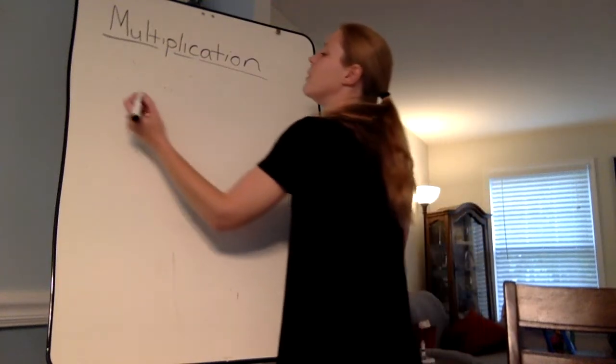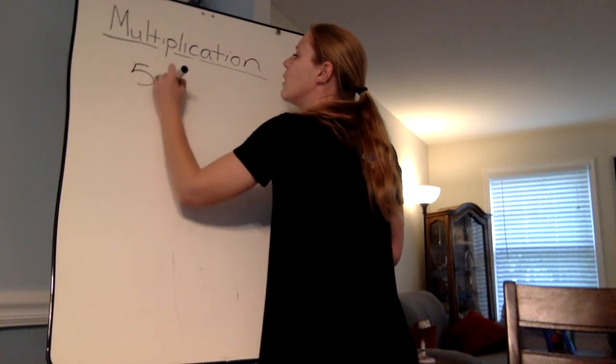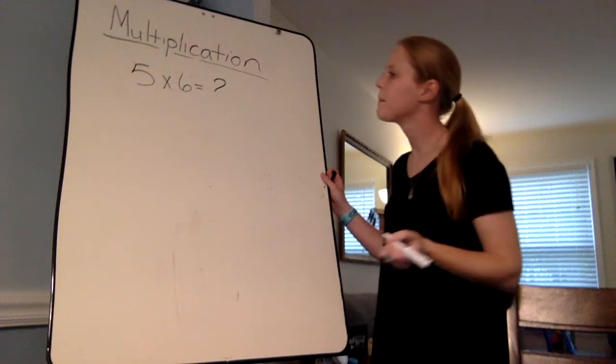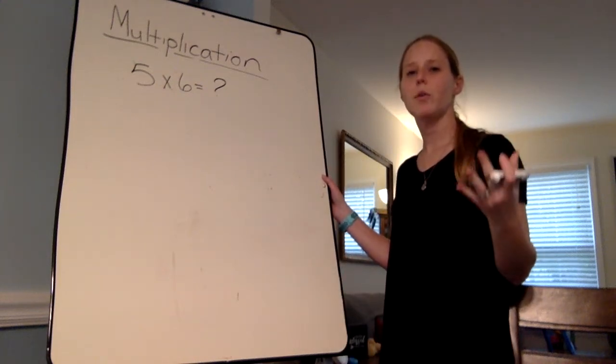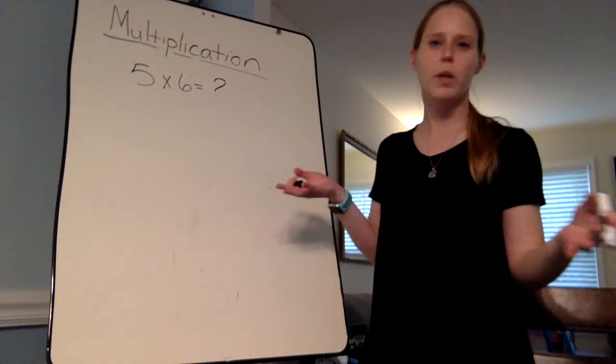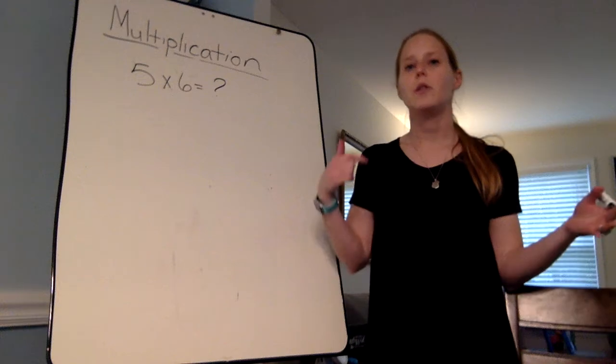What if I have, let's do 5 times 6 equals what? Okay, so remember, you can always draw out a picture. If you wanted to create your own word problem to go with it, you can absolutely create your own word problem to go with it. Or you can do loops and groups.